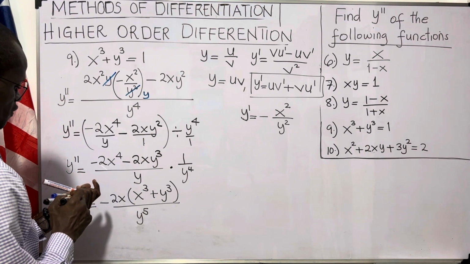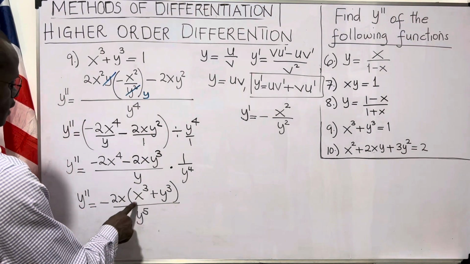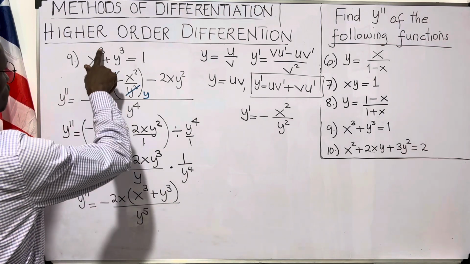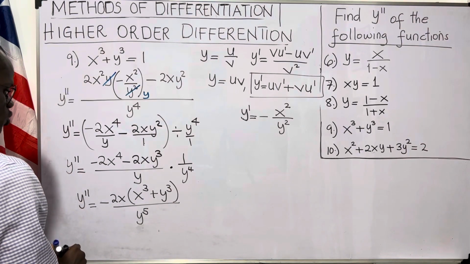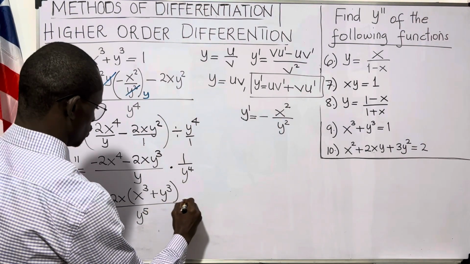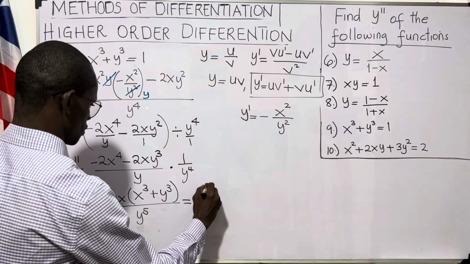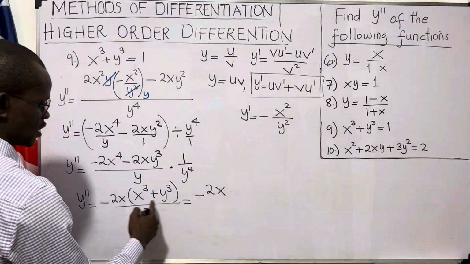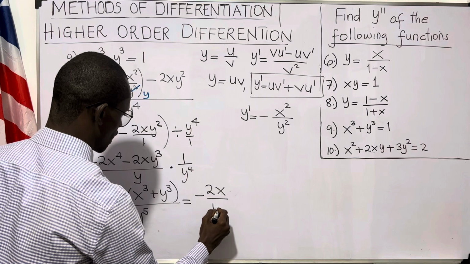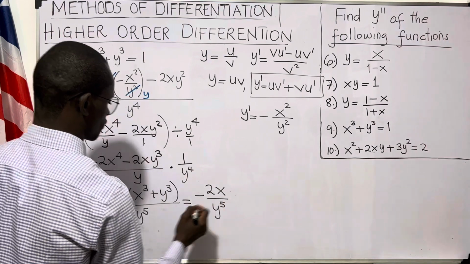But from the problem, x cubed plus y cubed equals 1. So wherever we see x cubed plus y cubed, we equate it with 1. So this whole thing now will just be 1. So it's 2x all over y to the 5th.